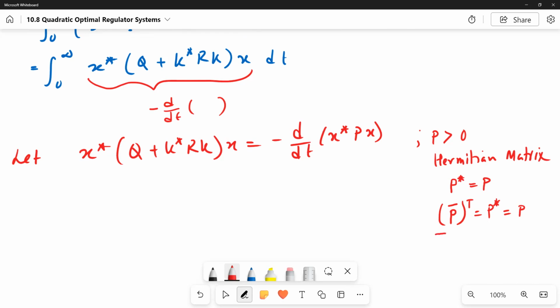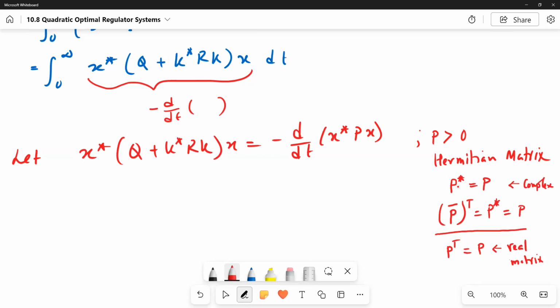A special case of Hermitian is P transpose equal to P. If all the entries of P are real numbers, then we can simply write P transpose equal to P. And in the case of a complex matrix, we have P star equal to P.